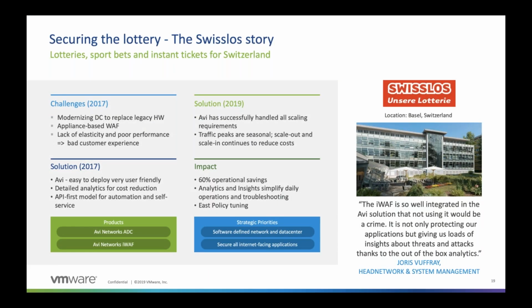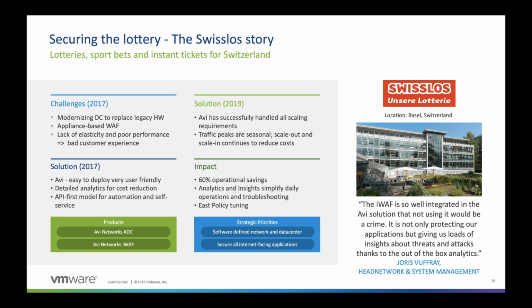A very interesting success story where you see essentially what I told you about, how customers are moving to maybe a new data center or a new cloud. Swisslos, one of our customers, implemented the WAF over 2 years ago. They had the challenge of modernizing their data center to replace legacy hardware. They had an appliance-based WAF as well.